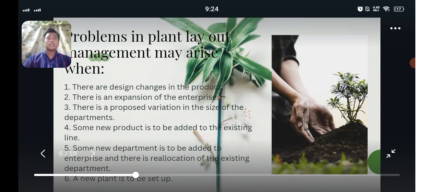A change in the department sizes has been recommended. Number four, some new product is to be added to the existing line. So to the current line, a new item will be inserted. Then number five, some new department is to be added to the enterprise and there is a reallocation of the existing departments. So the enterprise is going to add a new department and move several other departments around.